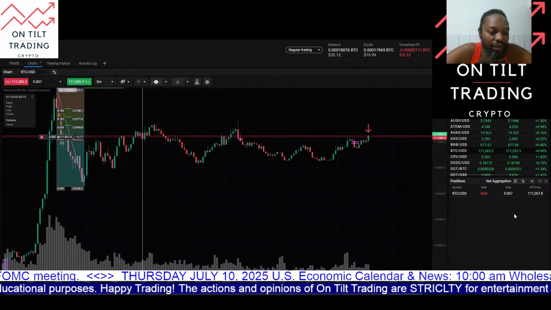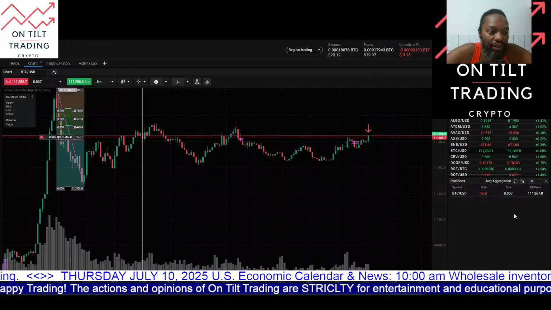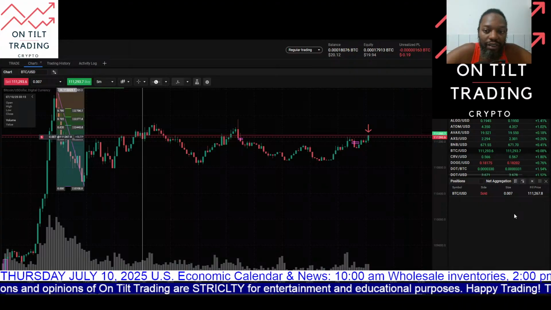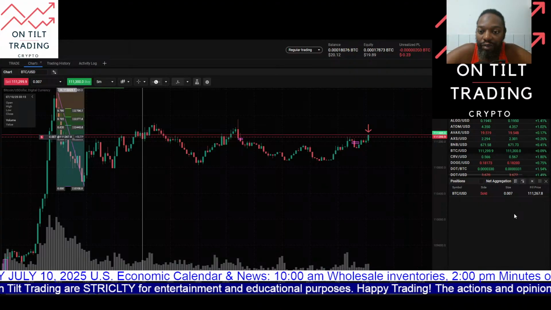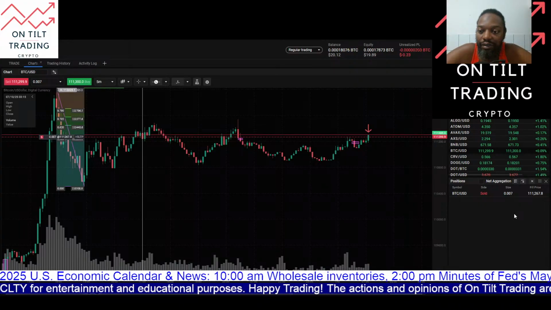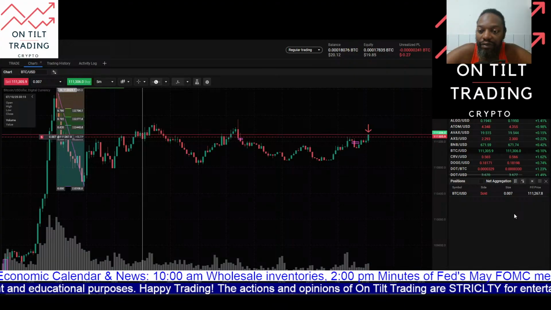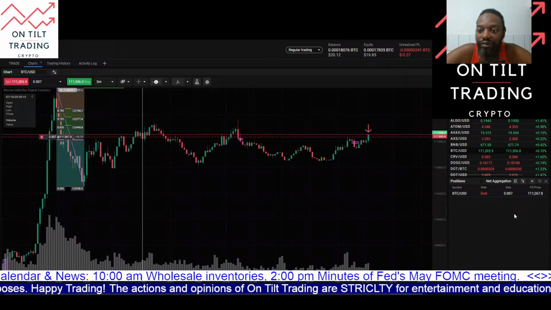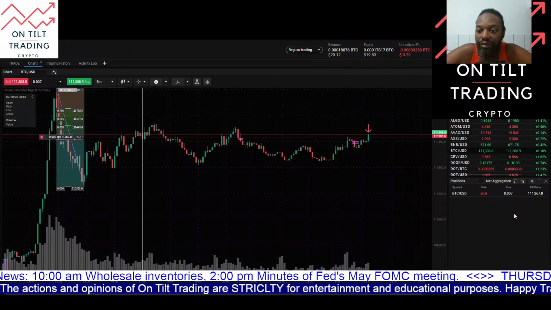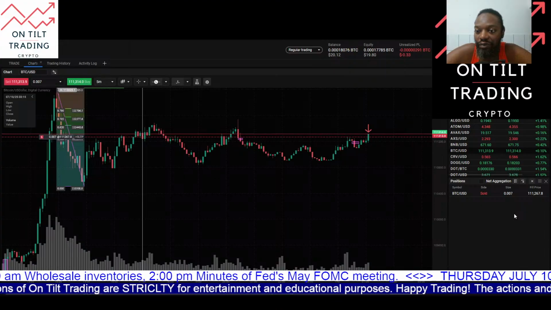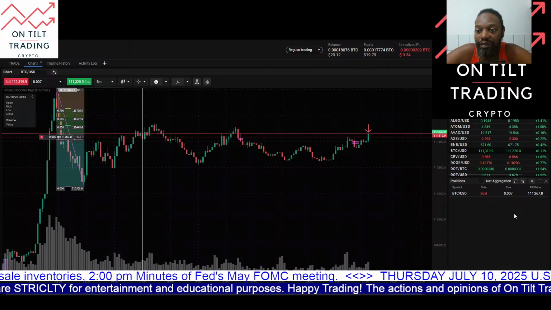On slippage, was able to get a slightly better entry at 111,267.8. Price still being delivered to the buy side here. Now testing the 111,300 level and currently trading at 111,315.6 and climbing.